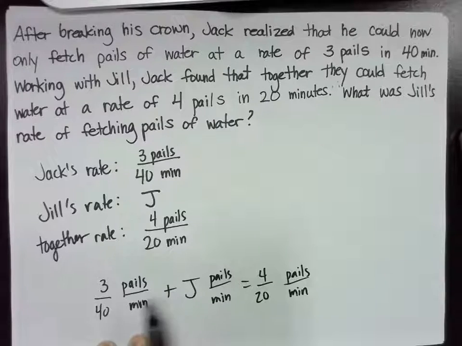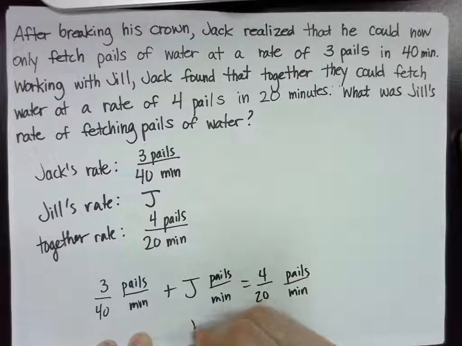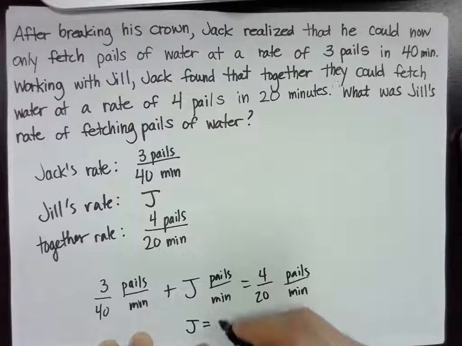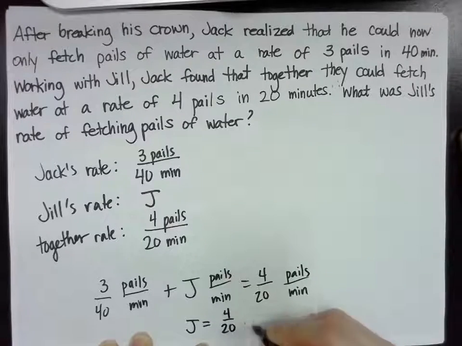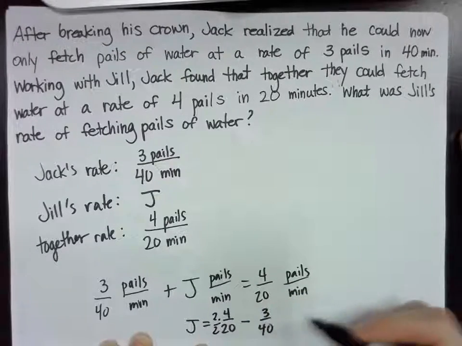So we've got pails per minute and pails per minute and pails per minute. All of the units match, so we've got an equation. All we have to do is solve for J. Okay, so to do that, we just need to subtract 3/40 from both sides. So J is going to be 4/20 minus 3/40. Multiply this by 2/2.